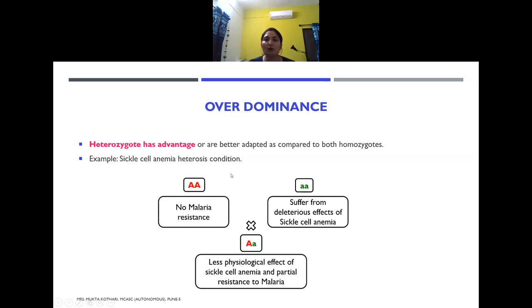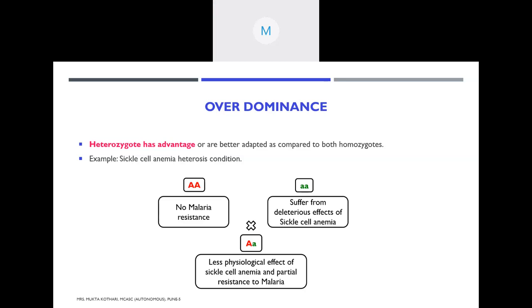We all know that in a sickle cell anemia patient, what exactly is wrong with them? Their RBCs are sickle shaped. Why? Because there is a mutation in the beta chain of the hemoglobin, and because of that, their RBCs appear sickle shaped. The oxygen carrying capacity of those sickle shaped RBCs is very low compared to normal RBCs.